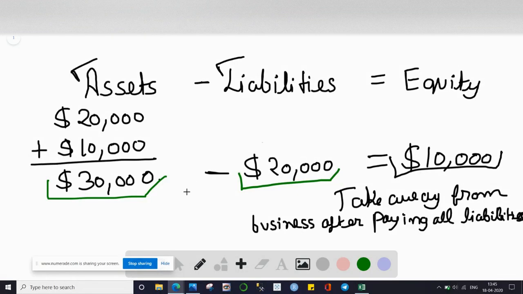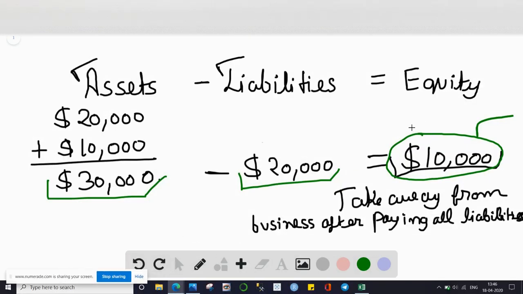So what amount will you have at the end of the day after paying off the liabilities from your assets? 10,000. This is the amount you have generated out of your business. This 10,000 is totally yours. This is what you have gained from your business. This is also known as the net worth.